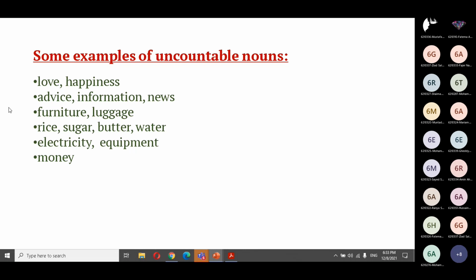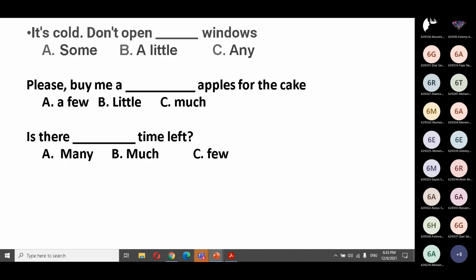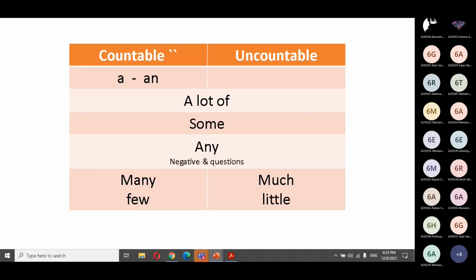And you cannot say an advice. ما تقدر تقول an advice. لأن احنا قلنا إن an بتيجي مع countable وadvice uncountable. ما تقدر تقول an information. Information is uncountable. An is used with countable. Okay? So when we use a or an, we use them with countable singular.